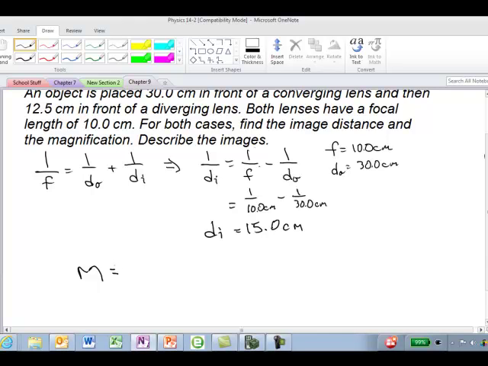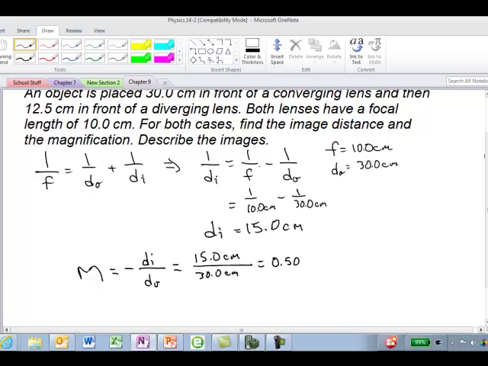All right, the magnification then is equal to minus dI over dO. Now dI was positive, meaning it's on the right-hand side of the lens, so that's a positive number. When we plug our values in, dI is 15.0 centimeters, dO is 30.0 centimeters, and I can even do that one without my calculator.